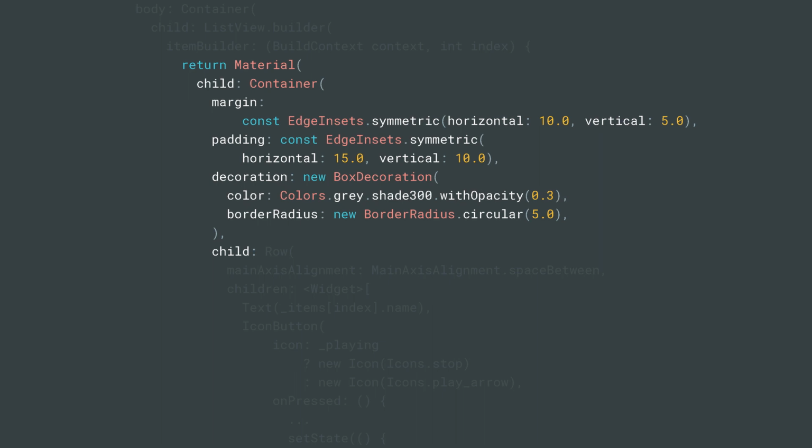And don't worry, the IDE will help you. And if you have a nested UI and you want to add a margin in the very center widget, you can do it with a shortcut from the IDE.